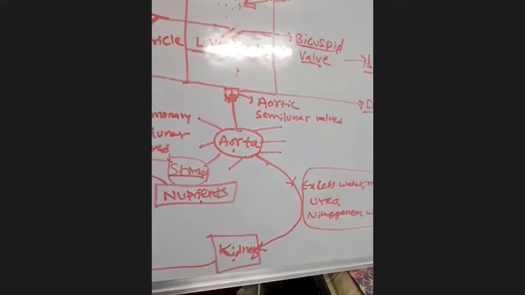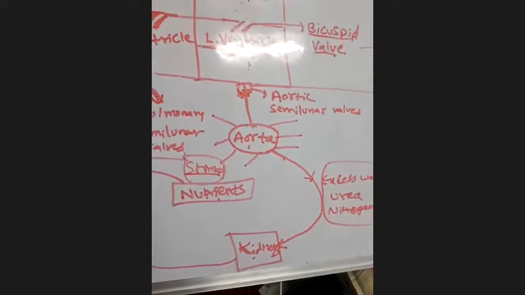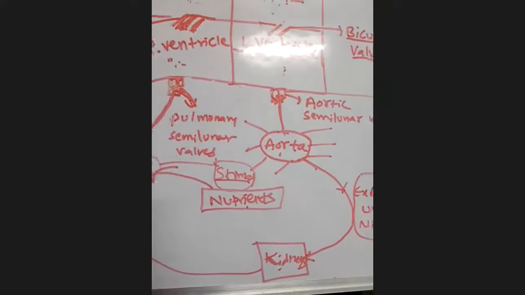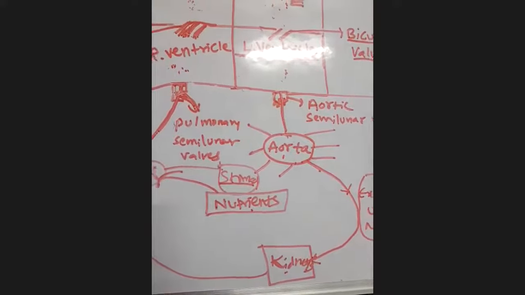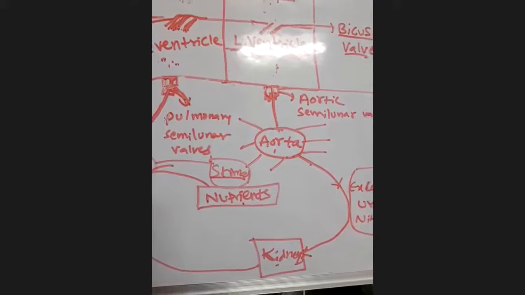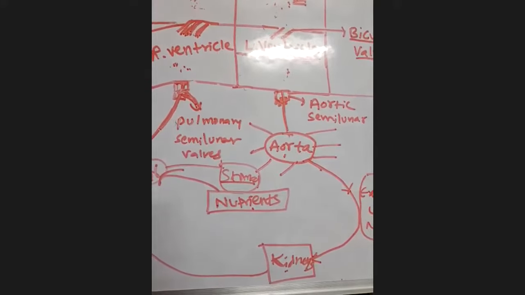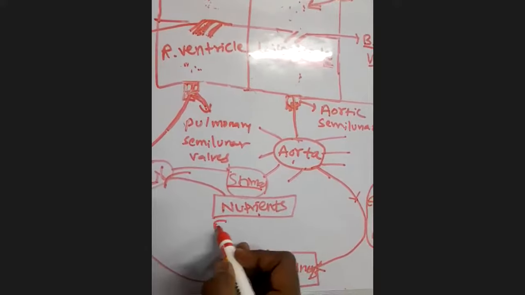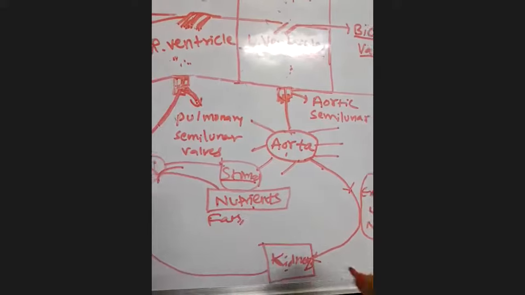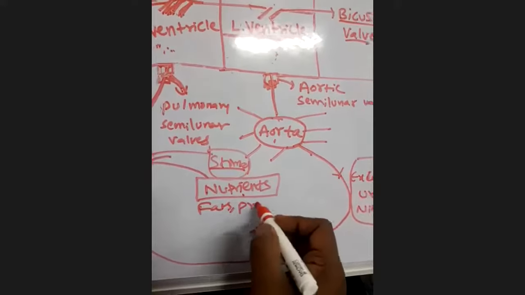Now, can you tell me, Vashit, what are the major nutrients a human being requires? Macro and micronutrients are the two types of nutrients. Yes. What are the macronutrients we have to take? Large nutrients such as fats, proteins.